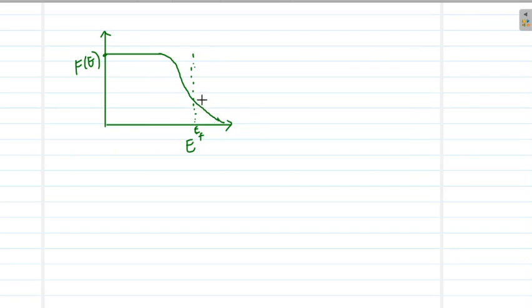And what will be the shape of the derivative of f of e? How will f dash of e look like? We know the change in f of e is happening only around a very small region around EF. Before that and after that point, f of e is constant.